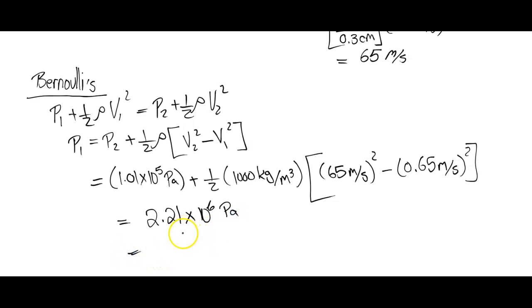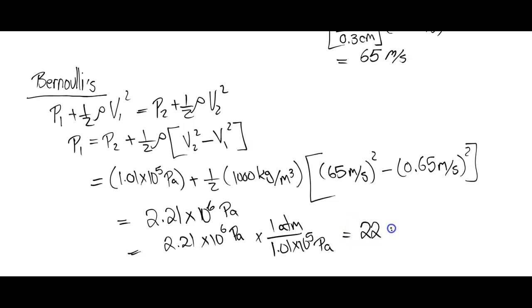And if you want to change this to atmospheric pressure units, then we can use the conversion factor that says that 1 atm, or atmosphere, is 1.01 times 10 to the 5th pascals, which gives us about 22 atm. Either answer would have been accepted.